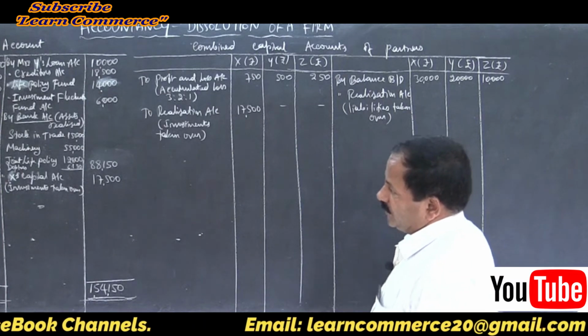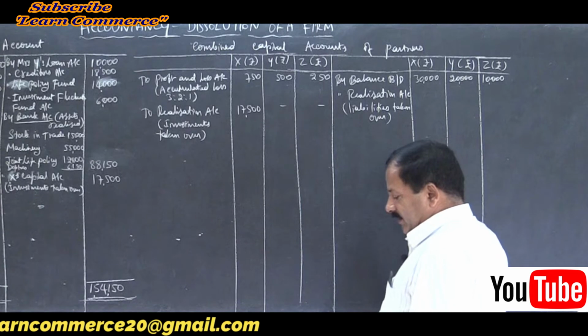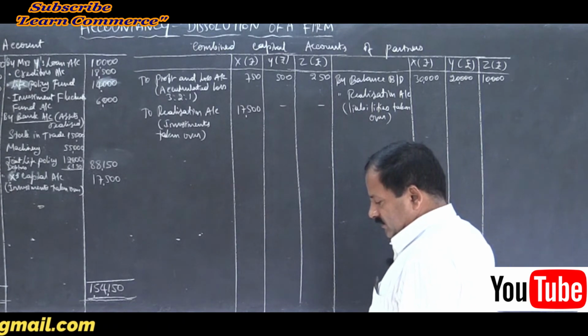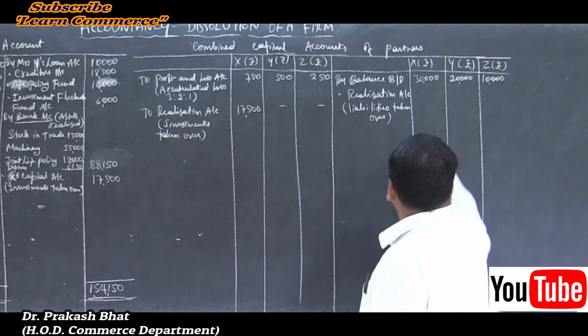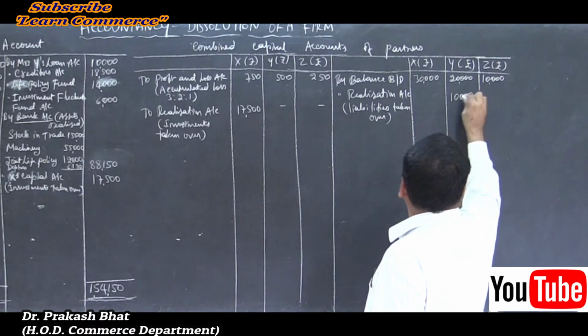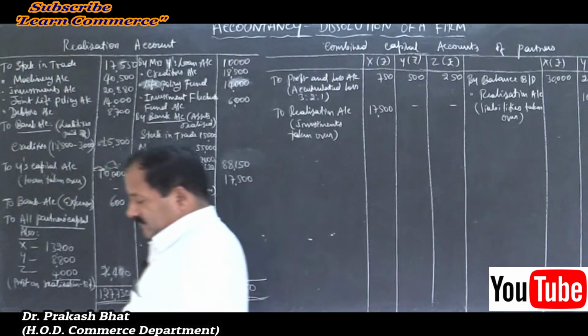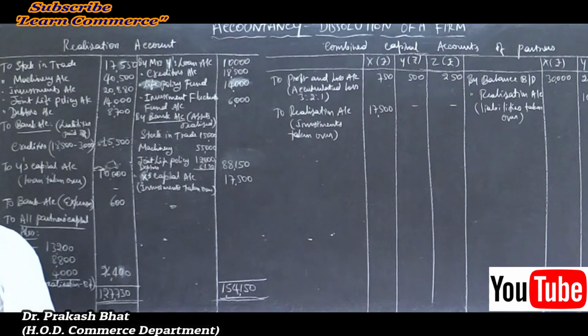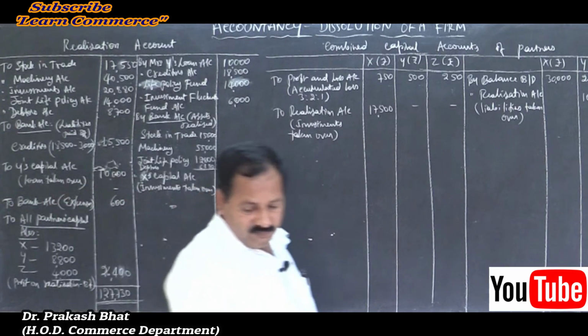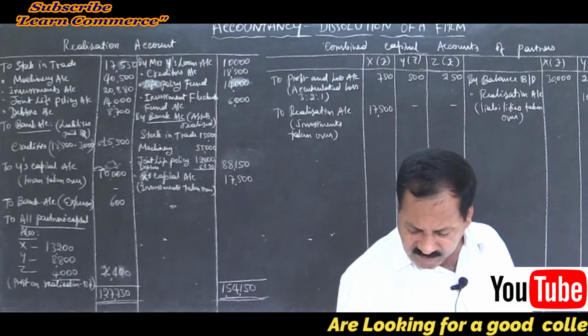How much? 10,000. Loan taken over is 10,000. Yes, it is in Y's capital account, right? 10,000. What else? Anything else? Yes, wife's loan was taken over. It is done.